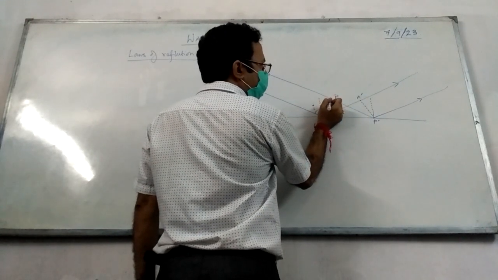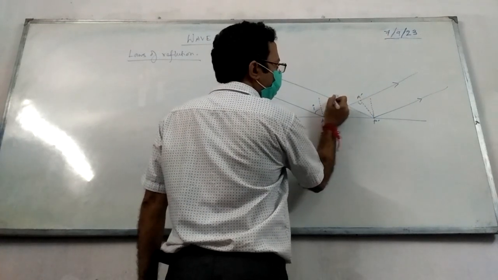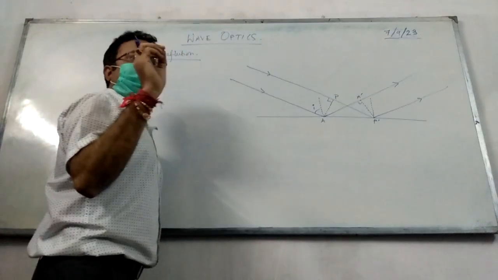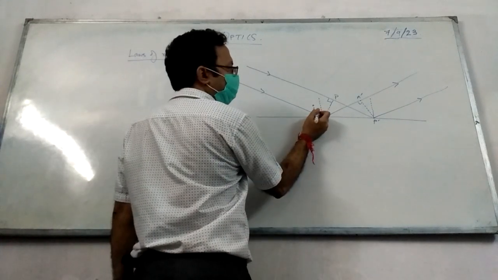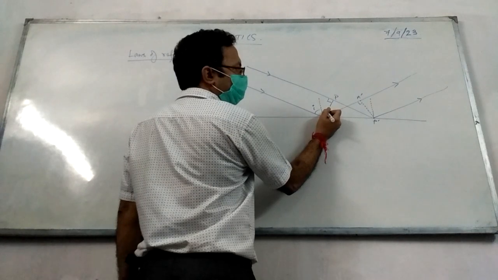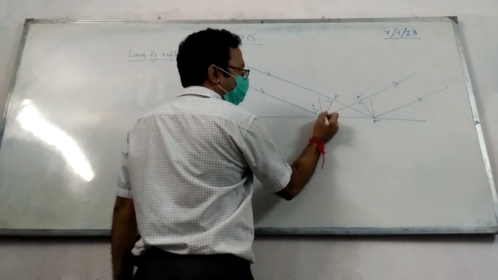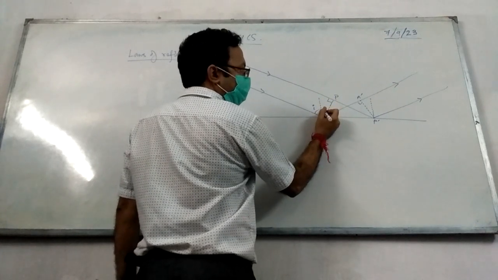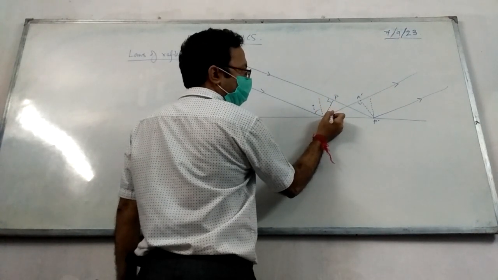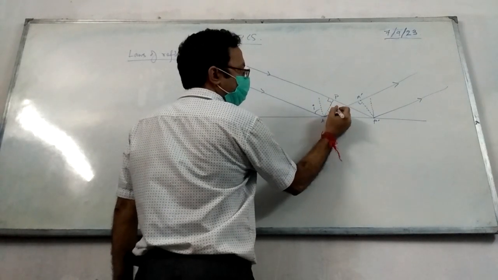You know this angle is how much? 90. Of course, this angle is also 90 degrees, right? Now tell me one thing, this angle is I, so obviously this angle is 90 degrees minus I. Again this line is the normal, so if this is 90 degrees minus I, what will this angle be?